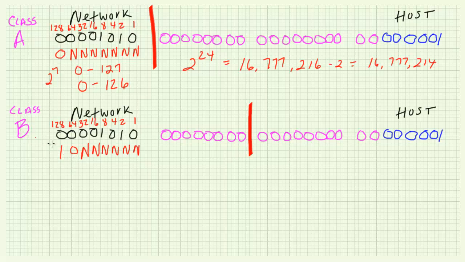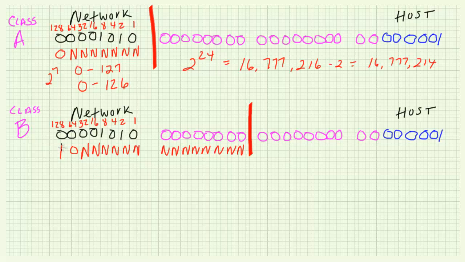If it's going to be a Class B address, then the first position has to be a 1, the second position has to be a 0, and then I've written n's out here for the rest of this octet to indicate that this could be any number of 1s and 0s all the way through the remainder of the first octet, extending all the way through the second octet, because with a Class B address, we're going to use the first 2 octets, or 16 bits, for the network, and the last 2 octets, or 16 bits, for the host. So let's work out what the valid values for Class B network numbers would be.